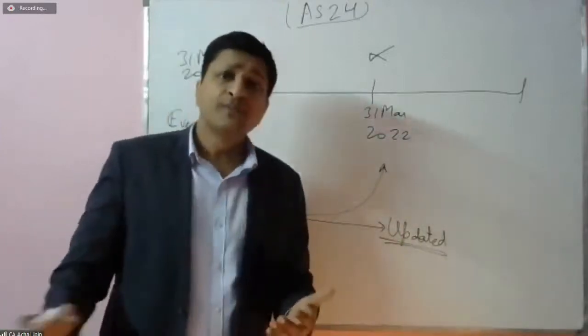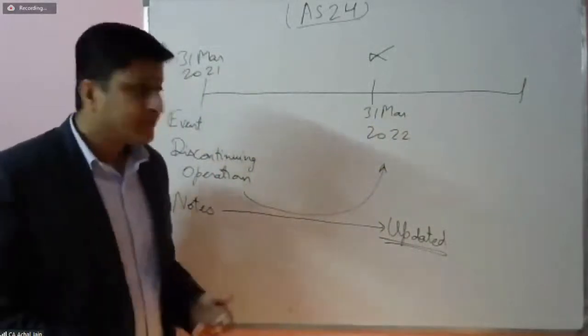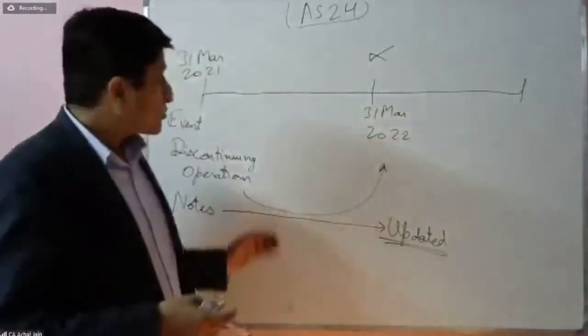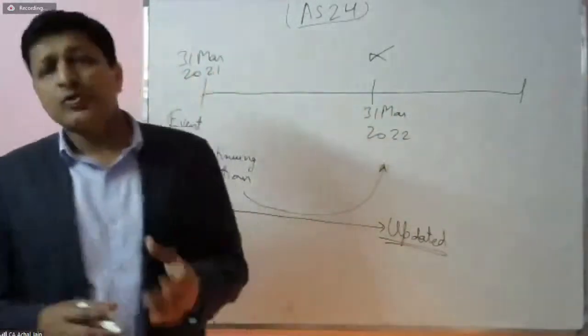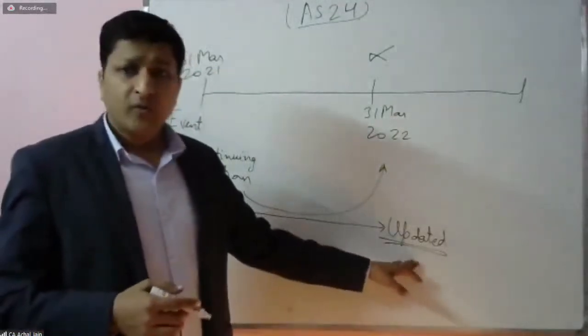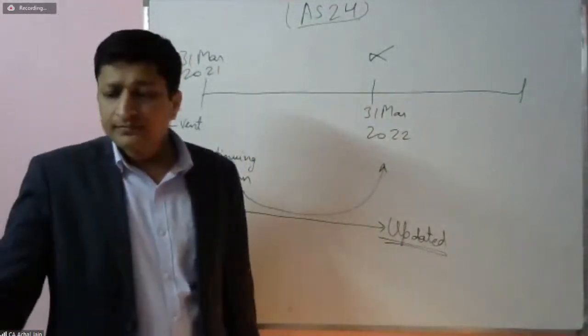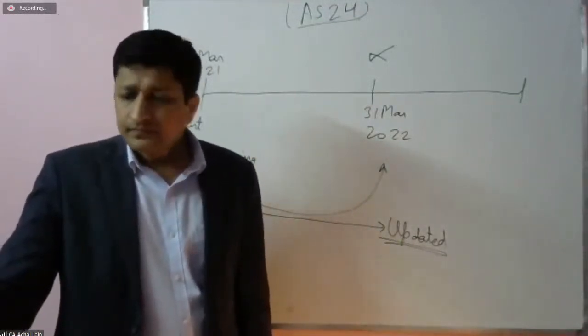The number 2 is the impact on the financial statements, in terms of the amounts which are involved. The amounts would not have remained the same, they would have changed. So all of those revised amounts will also be required to be updated over here along with the comparatives. Clear?